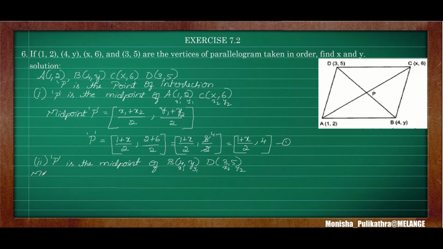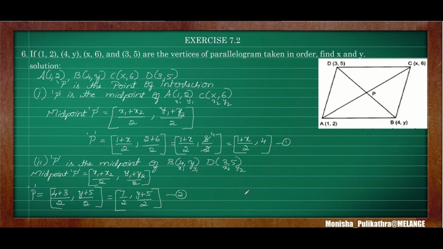Again we write the midpoint formula: P is ((x1 + x2)/2, (y1 + y2)/2). Substituting, 4 plus 3 divided by 2, and y plus 5 divided by 2. So it becomes 7/2, (y + 5)/2. This is equation 2, and this is also P.